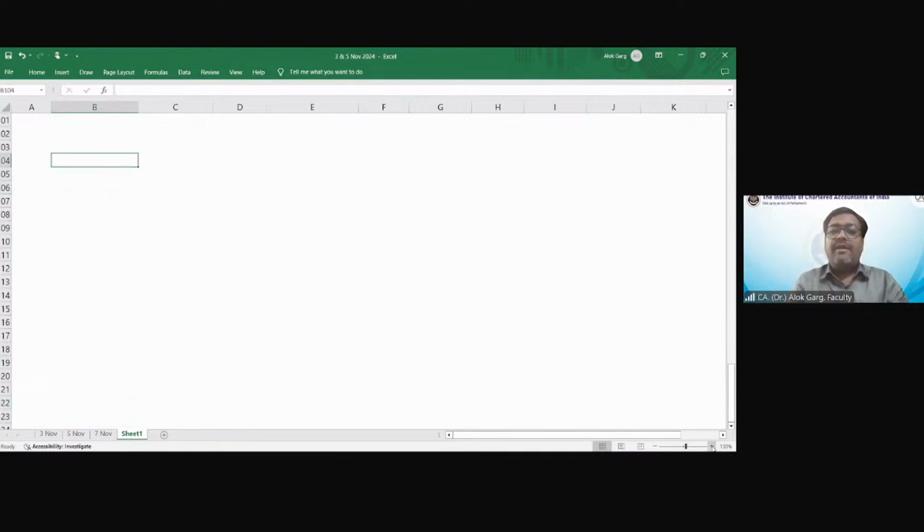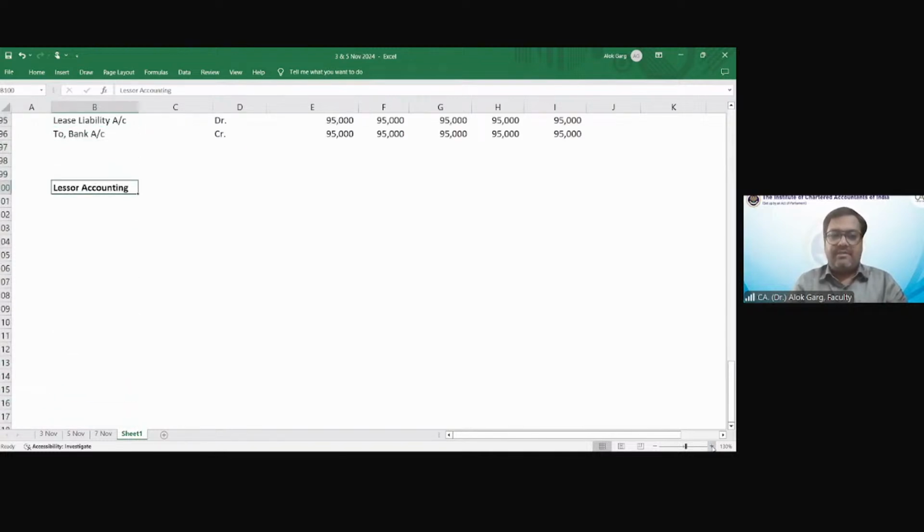The accounting depends on the classification. In lessee accounting, there was no classification; every lease is a single lease model. If there is an identified asset and a right to control its use, you need to capitalize the right of use asset and credit lease liability, correct?